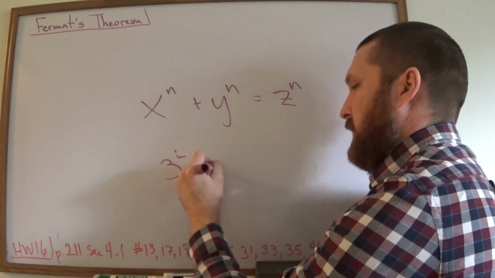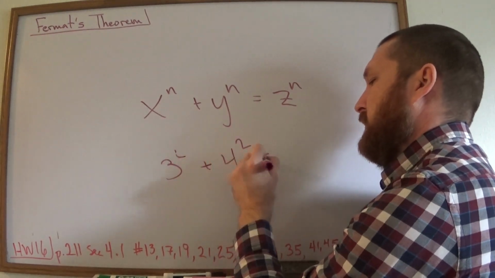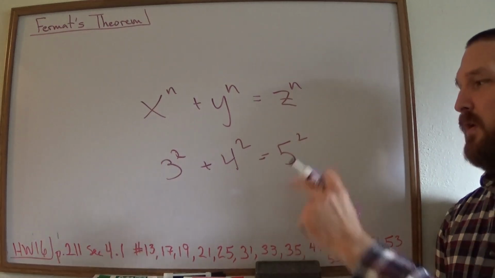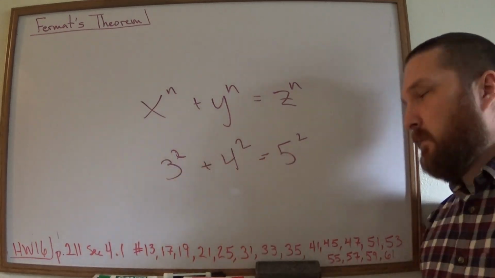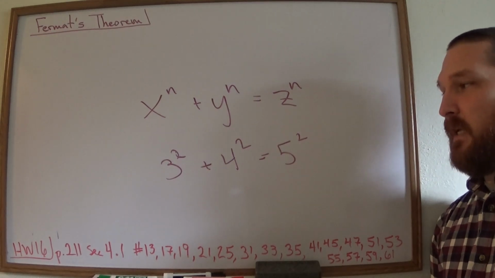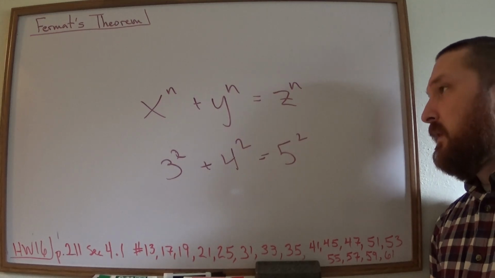Let's do 3 squared plus 4 squared equals 5 squared. So when n is equal to 2, you could find integers that make this work. What about if n is equal to 3? Can you find integers to make it work? Probably. Maybe. I don't know.